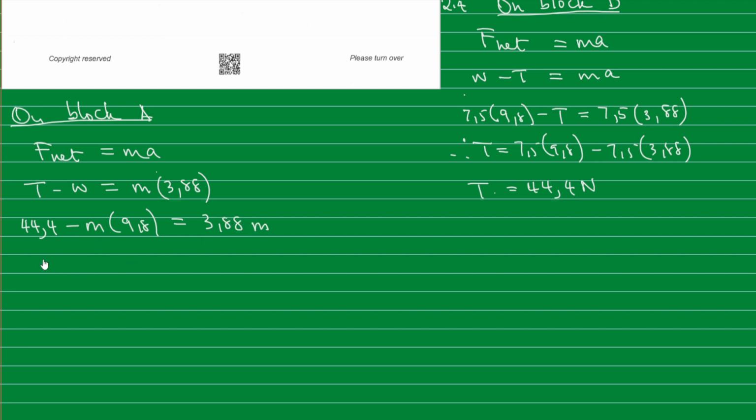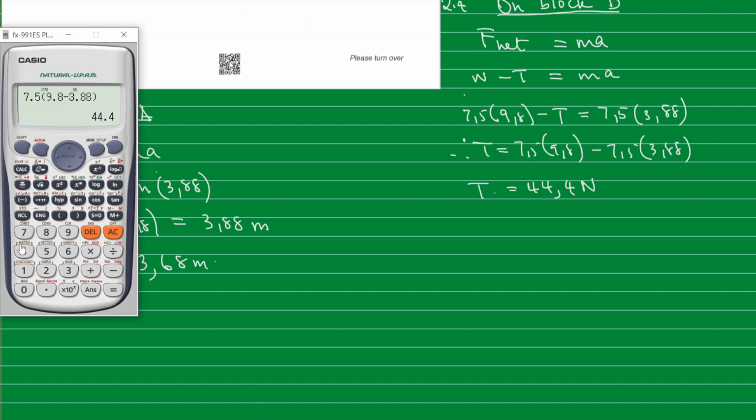Now collecting like terms, we have 44.4 is equal to, this 9.8 comes over here, it will be 3.88 plus 9.8. How much is that one? That is 13.68 m, if I'm not mistaken.